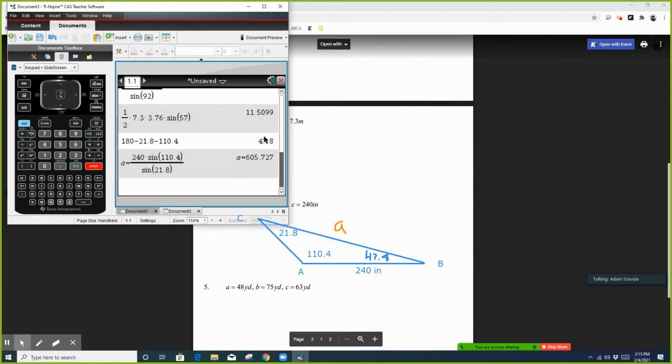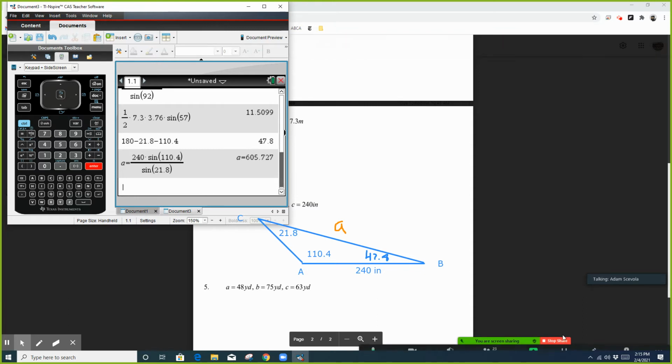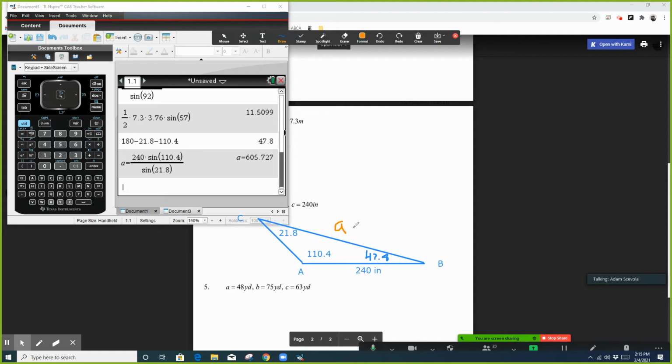And we get side A is 605, which if we do our common sense check, seems okay because it's across from the biggest angle, so it should be the biggest side. And it's not crazy bigger than 240. It's 3 times bigger, which makes sense because this angle is much larger than 21 degrees. All right, so our common sense check worked out.